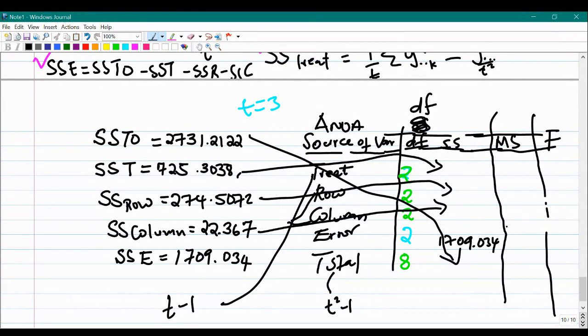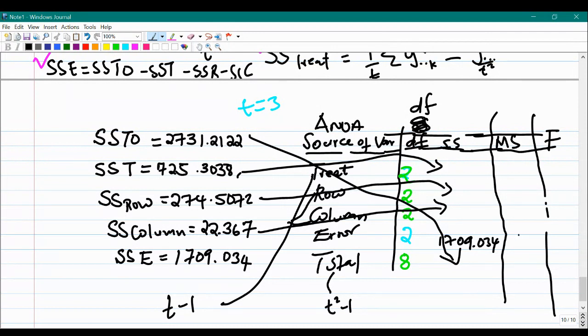What is your F? 17.09 divided by 2? Give me the error, the MSE. Let's finish, guys.